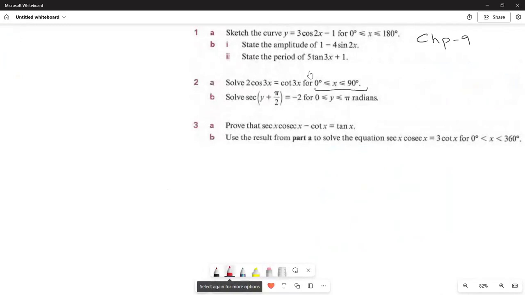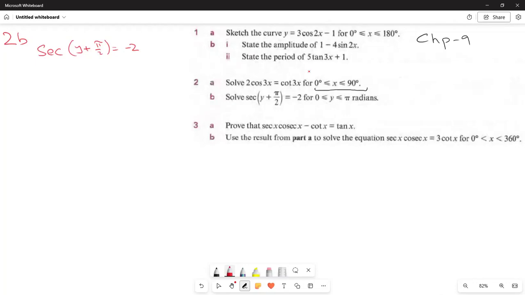So now I want to do question number 2b. Okay, this seems a bit easier. We need to find secant of (y plus pi by 2) equals -2.